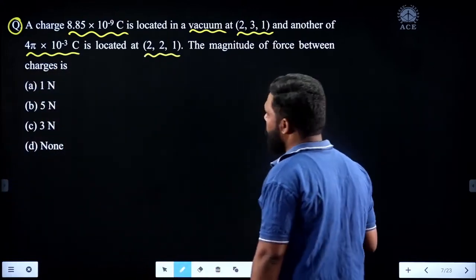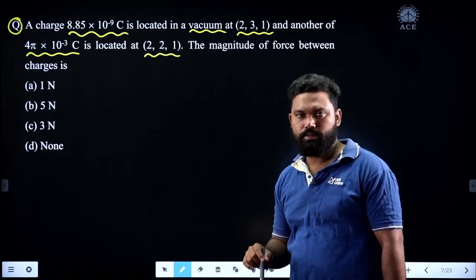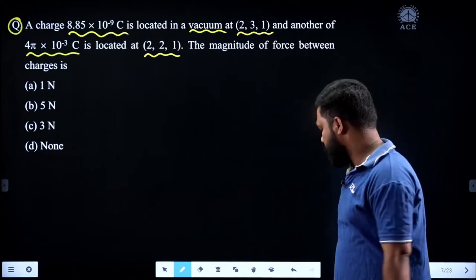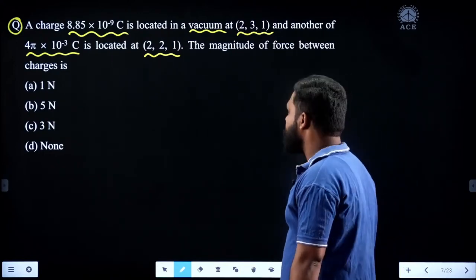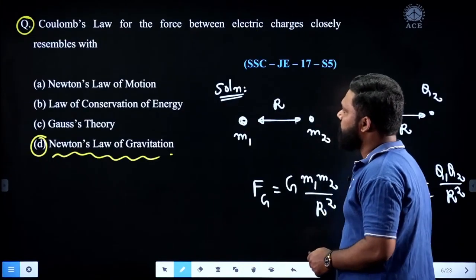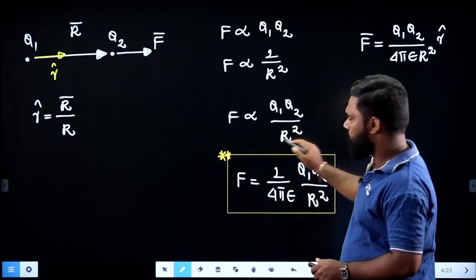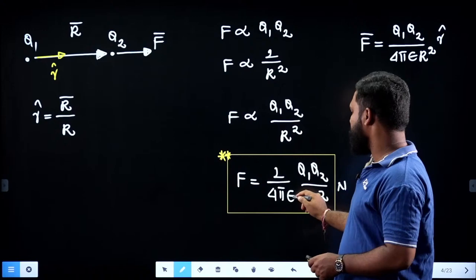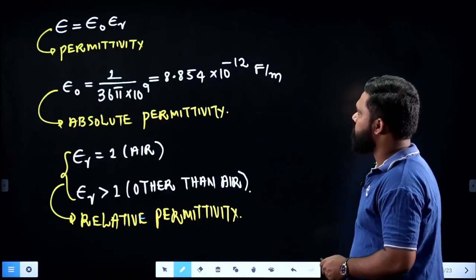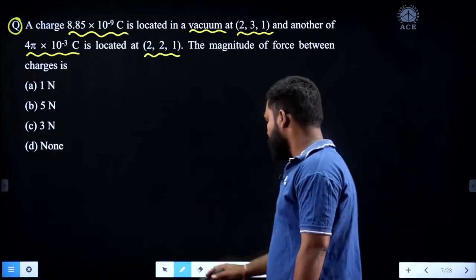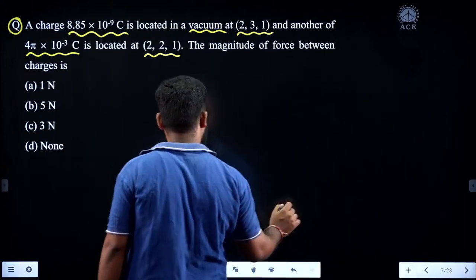The magnitude of the force between the charges is? It is asking for the magnitude of the force between these two charges. Any answers? What is the force between two charges? It is this one. He said vacuum, so epsilon will be equal to epsilon naught. Can you try this one? Please do the calculation.